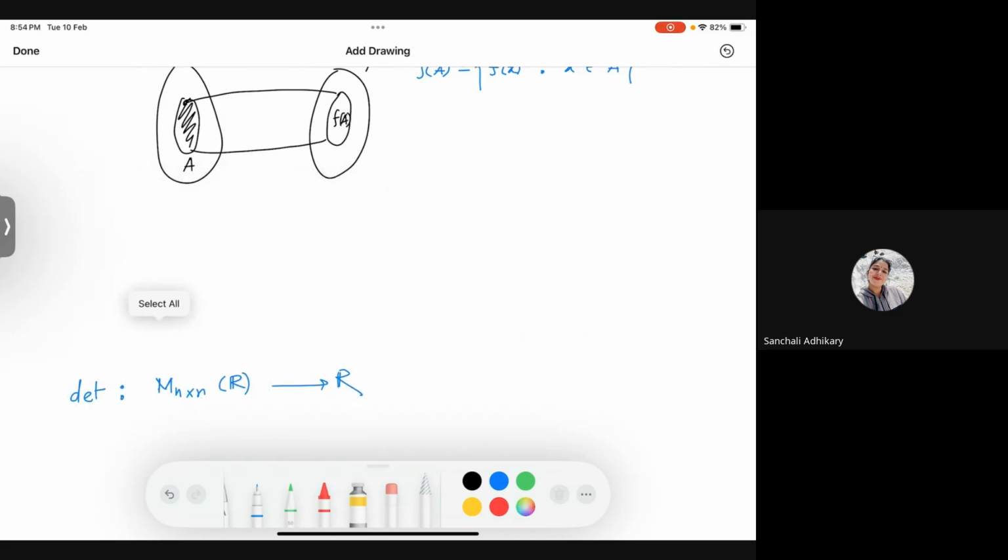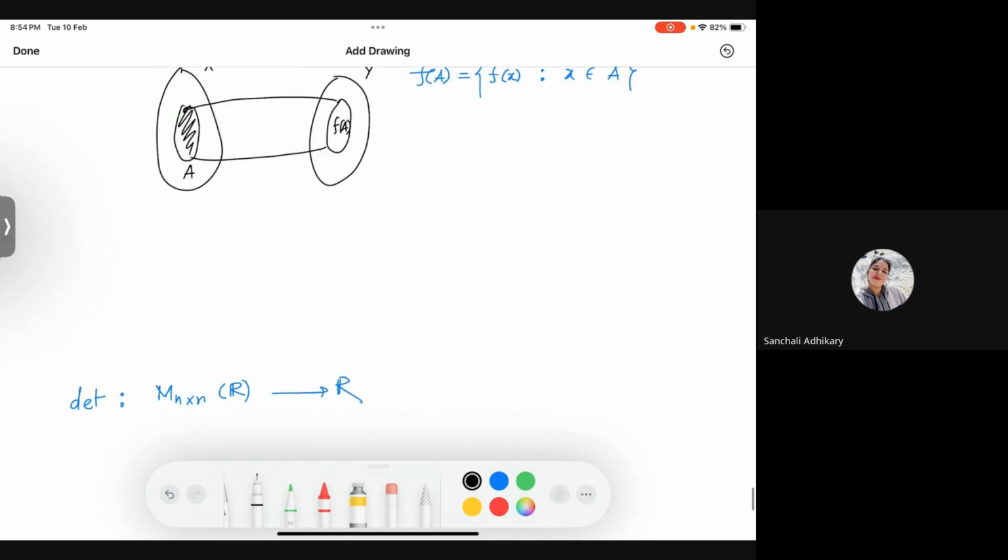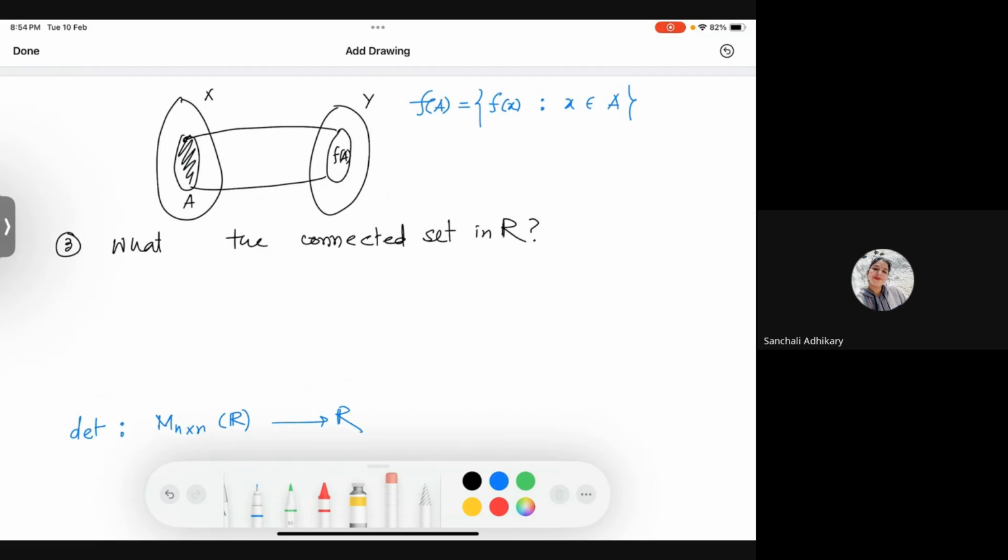Recall a fact. What are the connected sets in R?